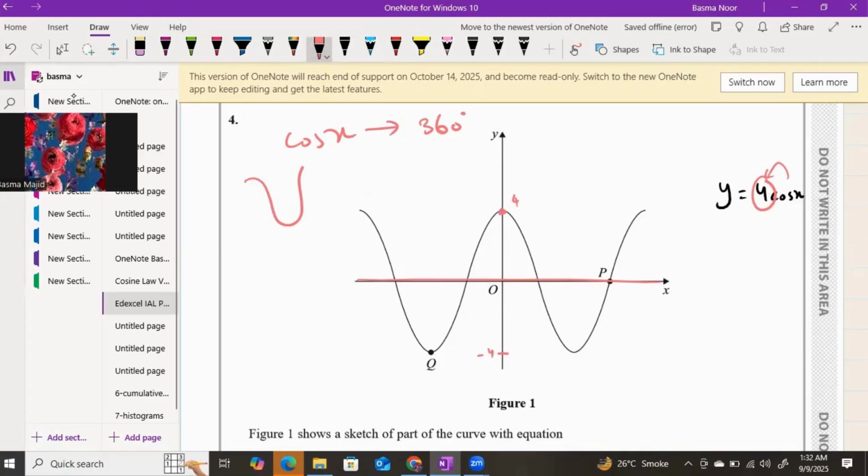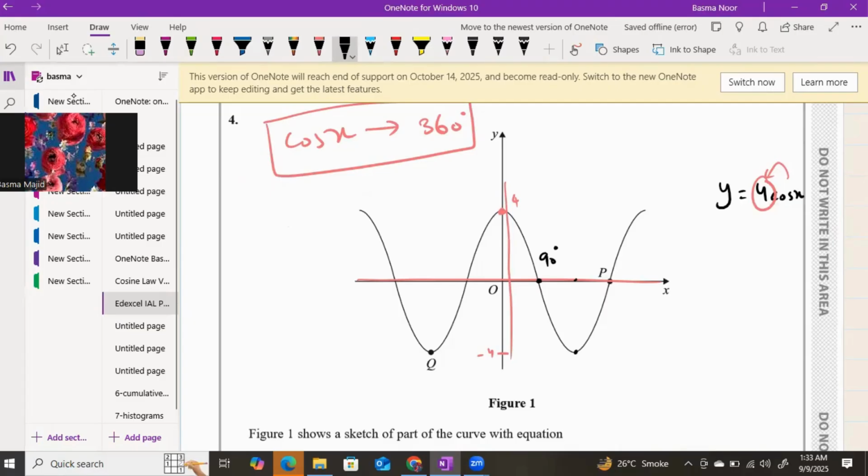We are just discussing this one wave for now, and the whole period for one curve is 360, so we always have to divide 360 into 4 parts, for cosine and sine as well. So the next point of intersection with the x-axis will be at 90 degrees.